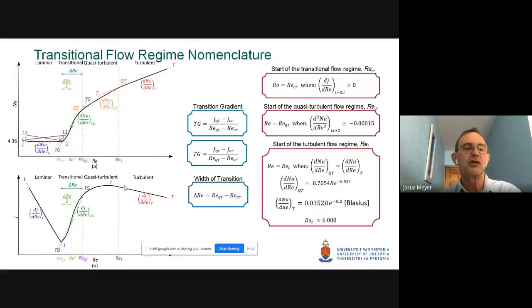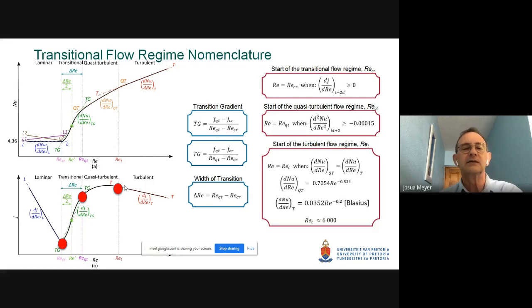And at all three of those red points, we would actually like to be able to calculate it from our data, so that when different people would look at it, they would not have different values where the transition starts, where it ends, and where is the end of the quasi-turbulent flow regime. So we've developed these criteria which can be used to calculate it with.